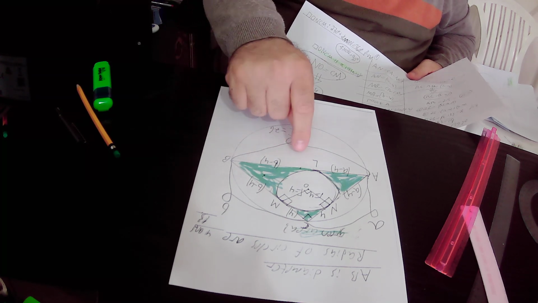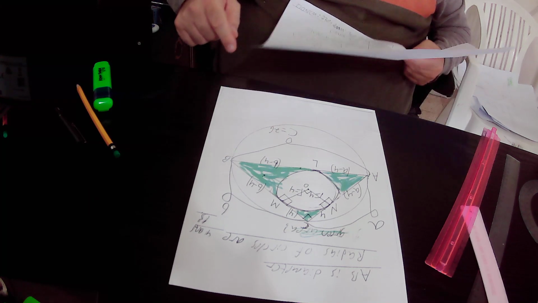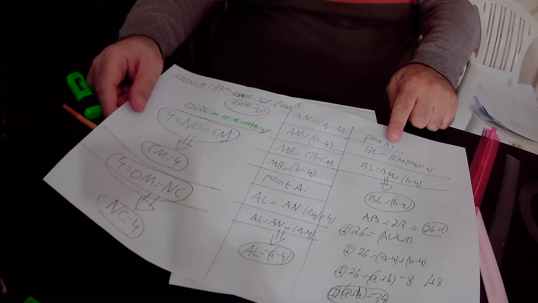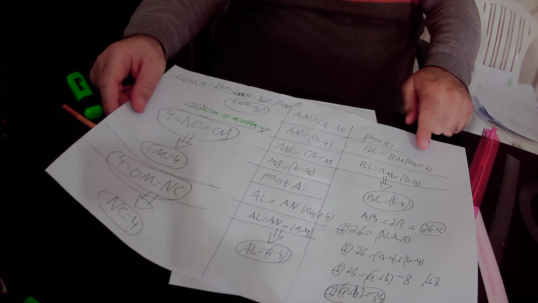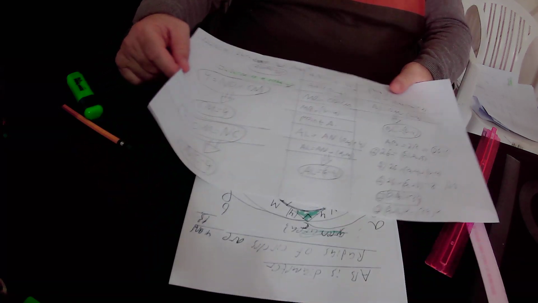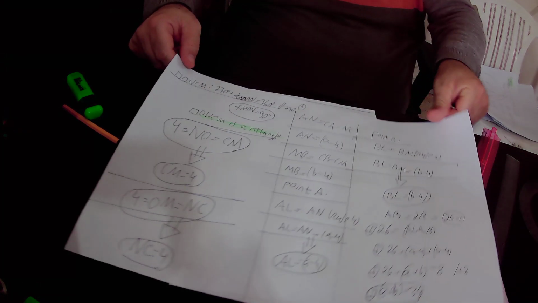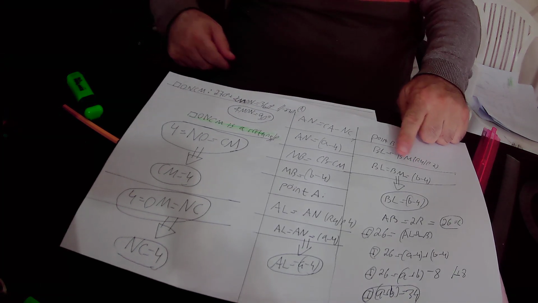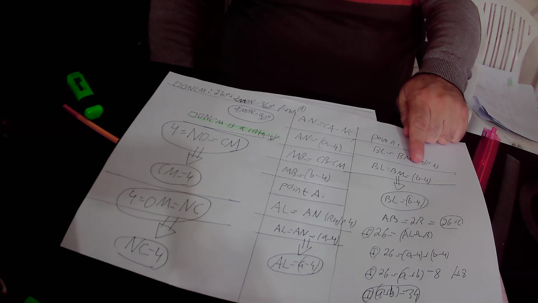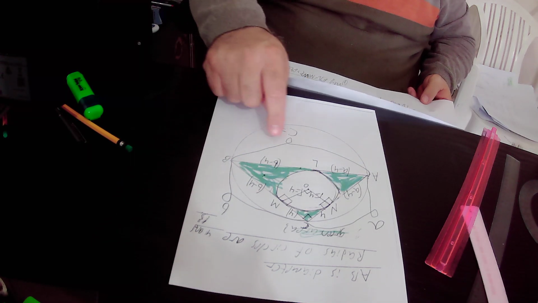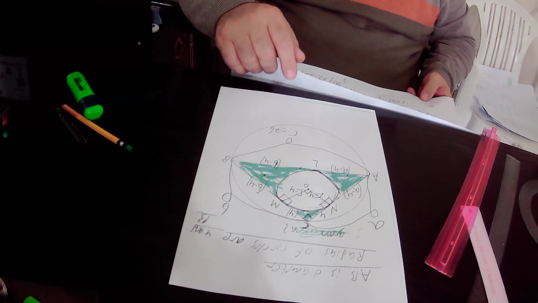That is to say, BL equals BM according to rule number 2. But we've already found out that BM equals B minus 4. And from this equation, BL equals BM equals B minus 4, we derive that BL is also equal to B minus 4.